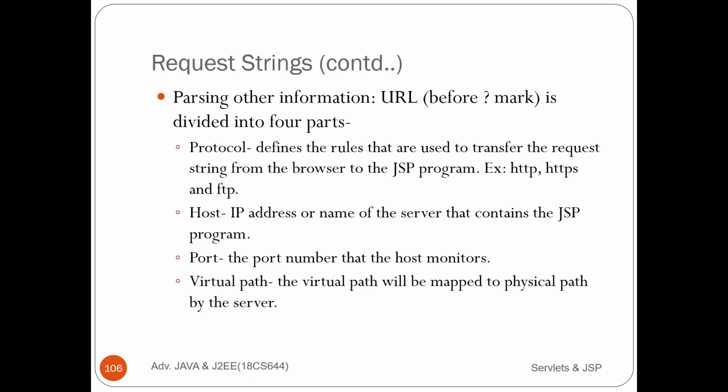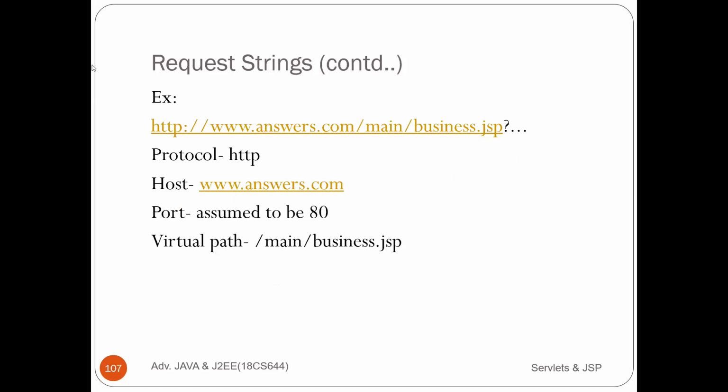Then comes the last part, that is the virtual path. The virtual path will be mapped to the physical path by the server. For example, if this is a URL, the protocol here is HTTP, the host is this answers.com, and the port number is assumed to be 80, so we are not explicitly mentioning it.